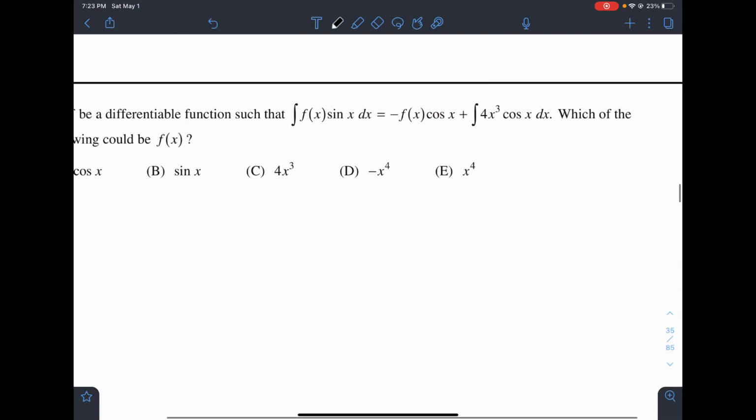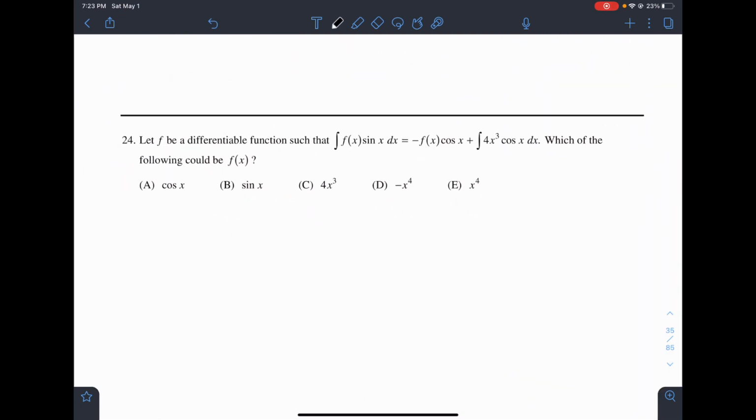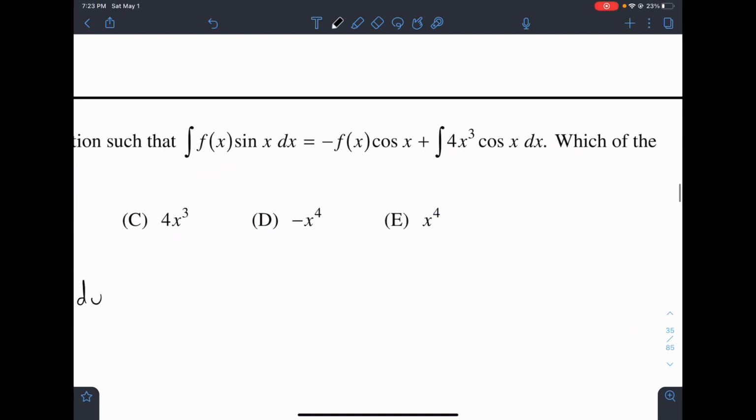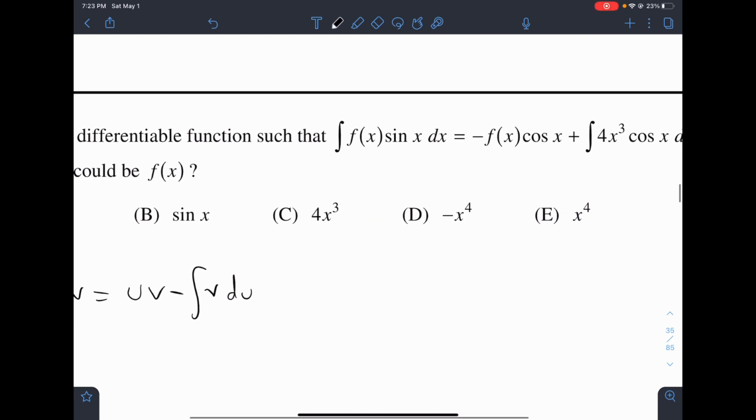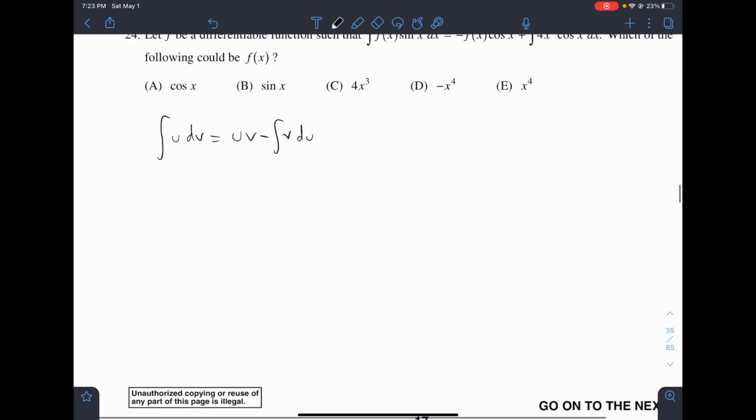Okay, number 24, this is going to be an integration by parts problem. So the integration by parts formula, the integral of u dv equals uv minus the integral of v du. And so this kind of looks like an integration by parts problem, so we just need to solve for one of the parts of the problem.